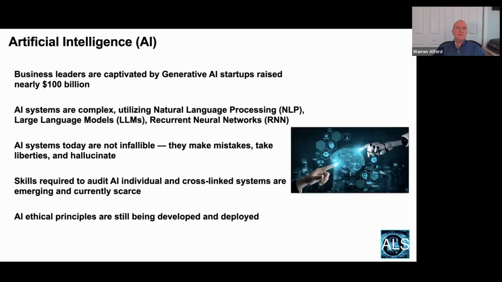AI does make mistakes. It takes liberties. It does what we call hallucinate. It is wanting to give you an answer, and if it doesn't know what the answer is, or it can't put that information together for you, it starts making it up as it goes in some cases, and we've seen that with ChatGPT and different models out there.